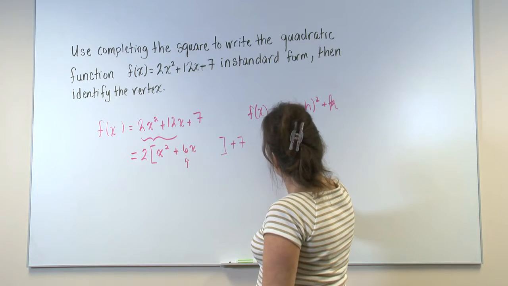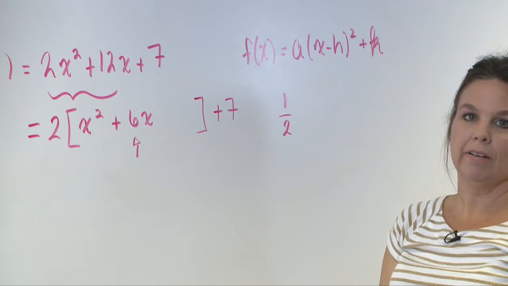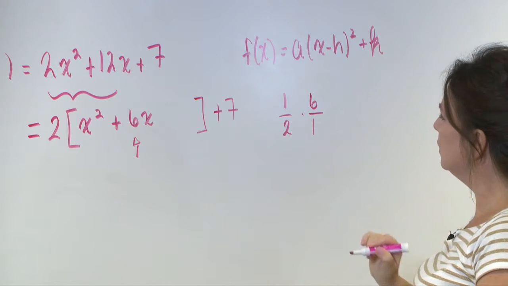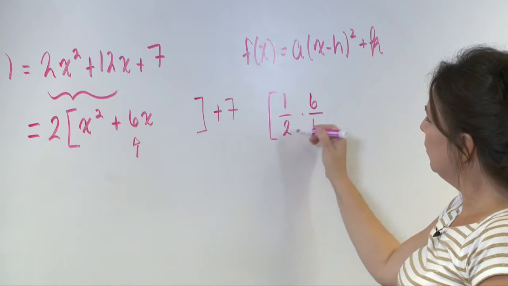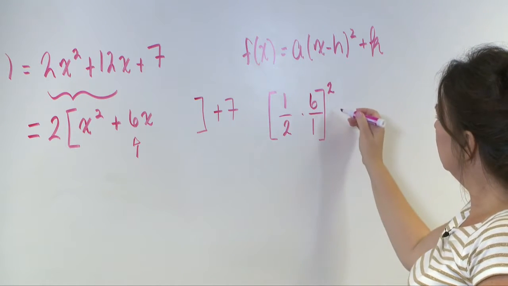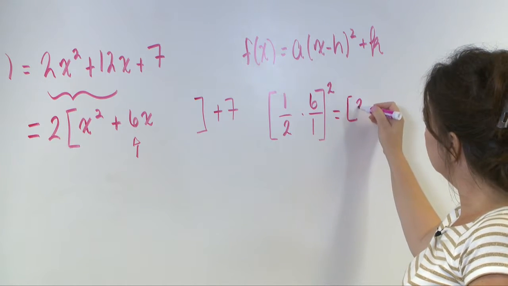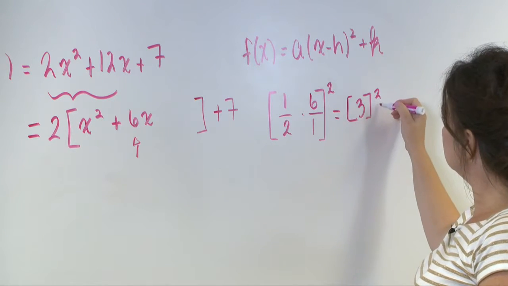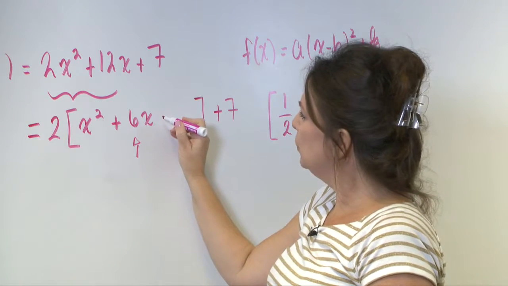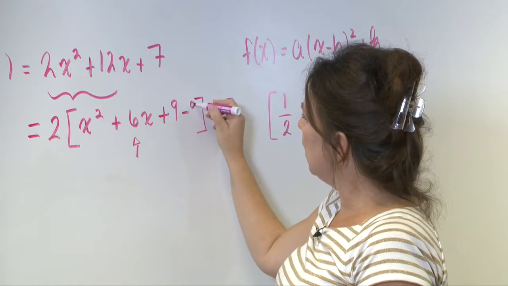So I'm going to take half of that linear coefficient, that is half of 6, or if you like, you could write this as 6 over 1, and whatever that value is, then I'm going to square that number. And so half of 6 is 3, and 3 squared is 9. So I'm going to write plus 9 as well as minus 9.